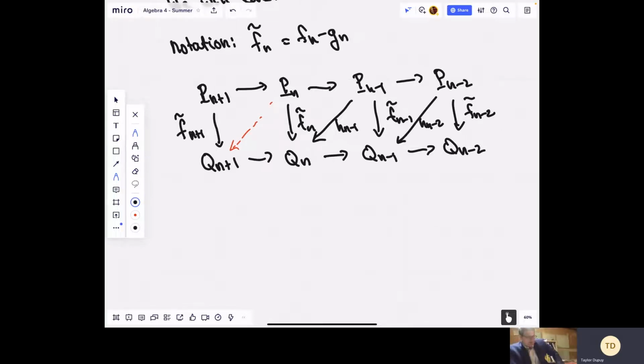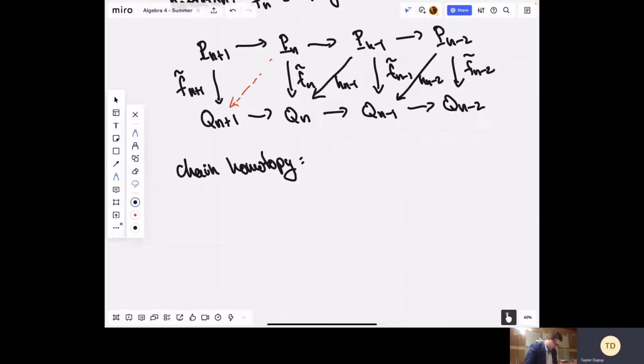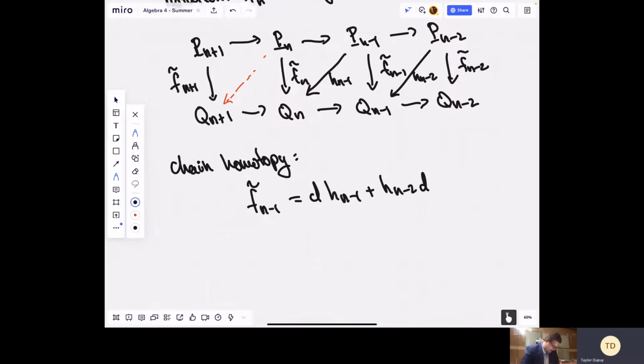Let's look at what the chain homotopy property says, at least in the n minus 1 case. It says that this map is null homotopic, plus Hn minus 2 D.